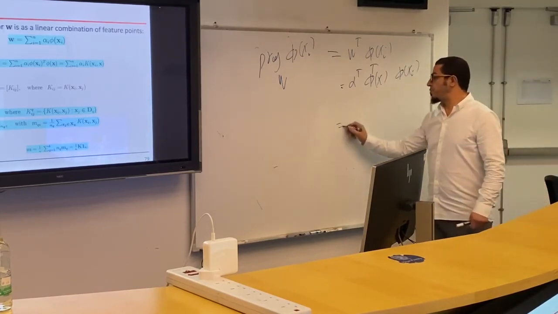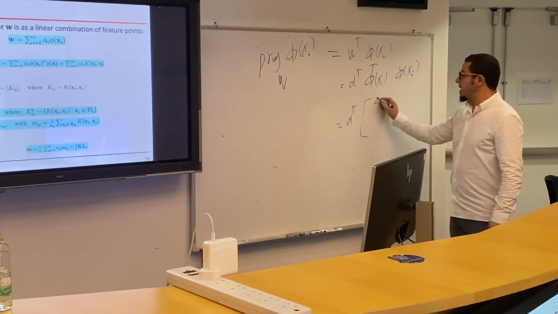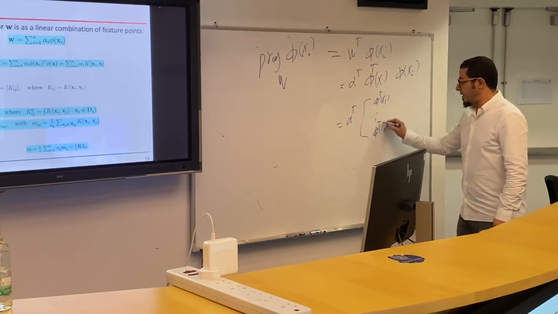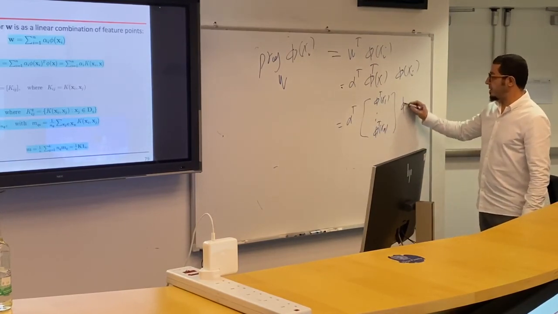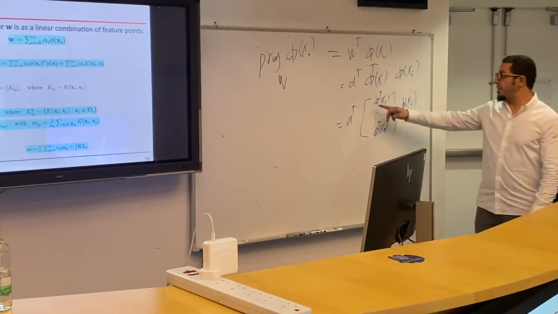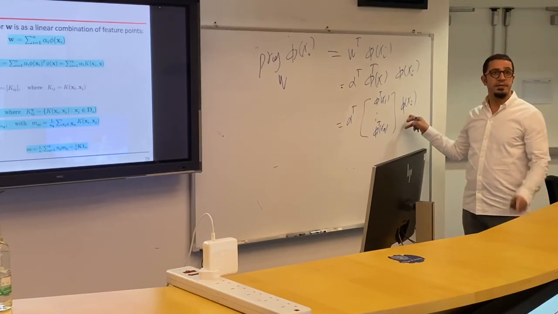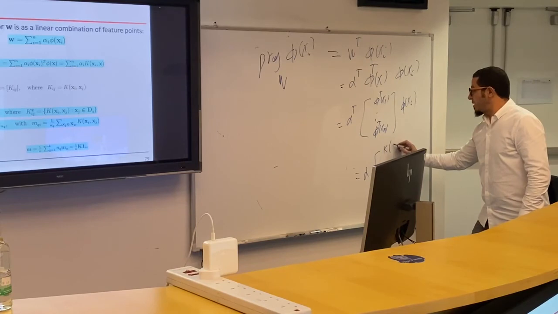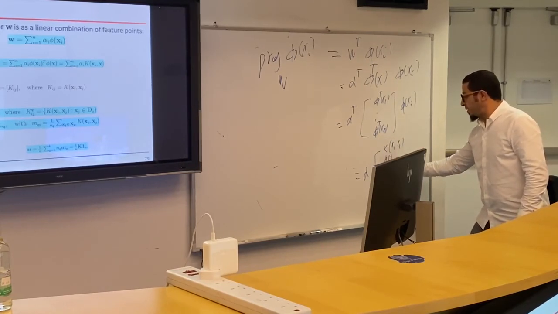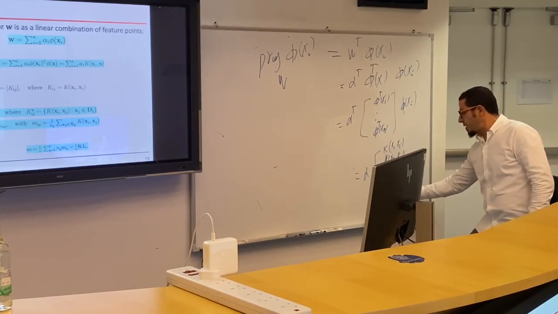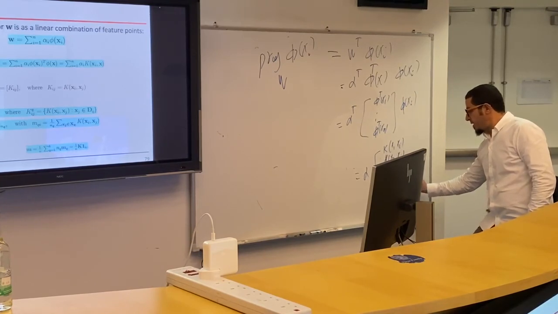What is this one here, please? Phi of x1 transpose until. Yes? Times. Clear, right? This times this, what is it? Kernel, thank you. So it will be here alpha. What will be kernel? x1, xi. Here kernel x2, xi. Until the last one, kernel of xn and xi.